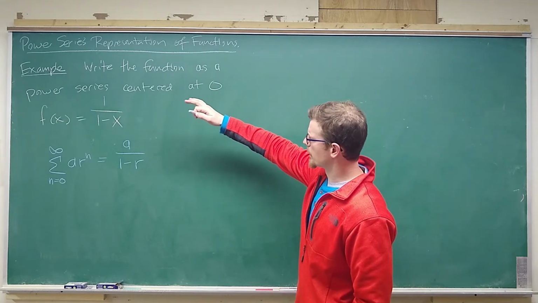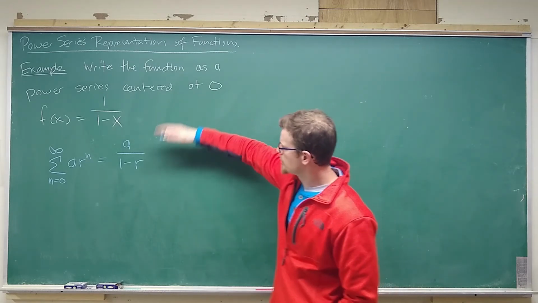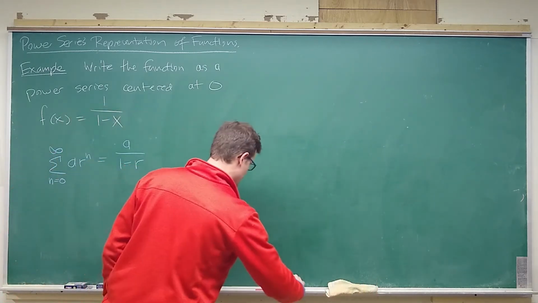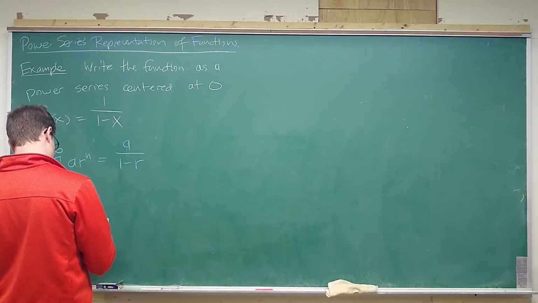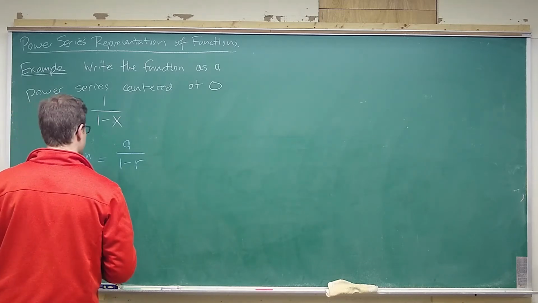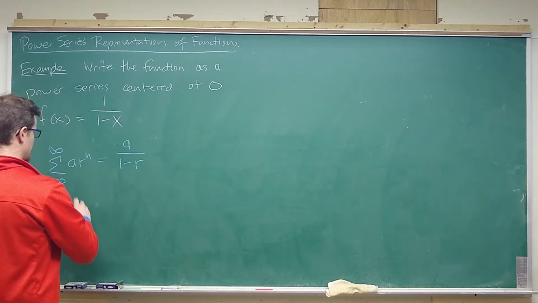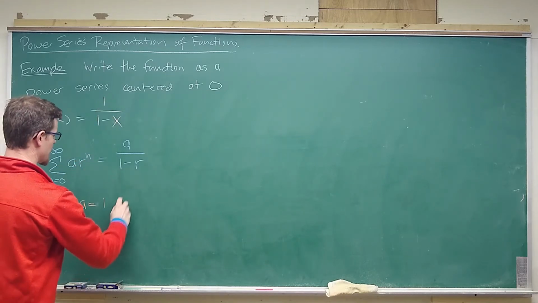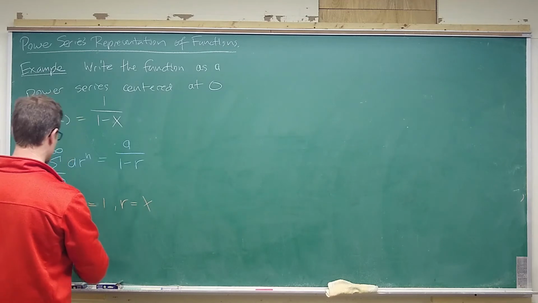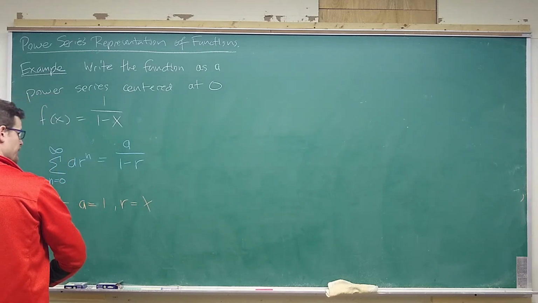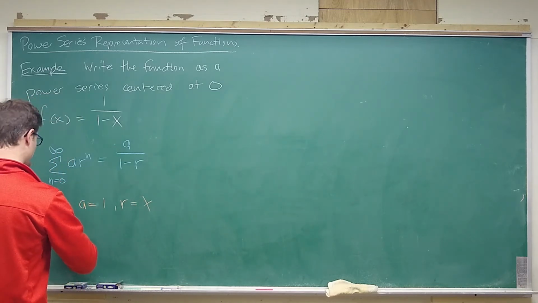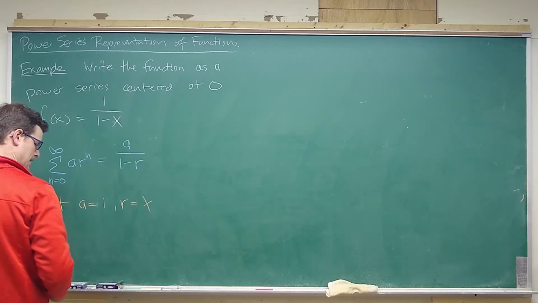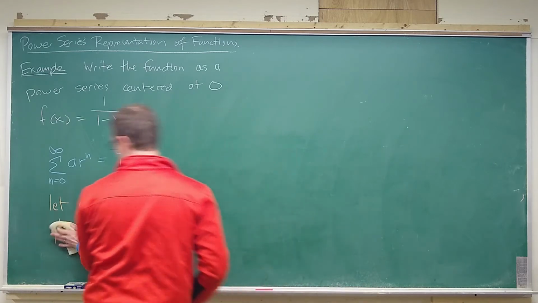So let's see here. We want to compare this form to that form. And if we were to simply say, well, let a be equal to 1, because that's what's in the numerator, and r be equal to x, then we would have, well, actually, let's write it as the geometric series first.